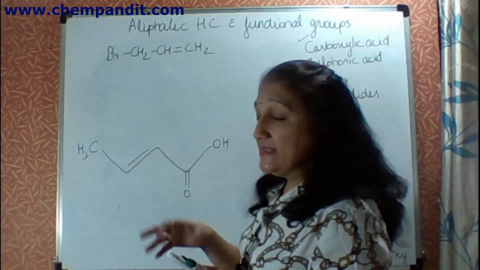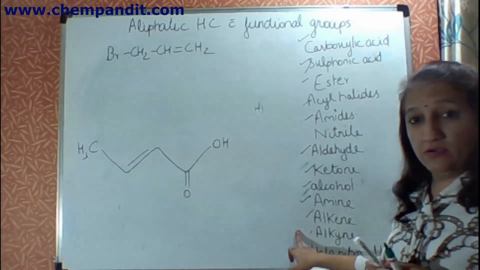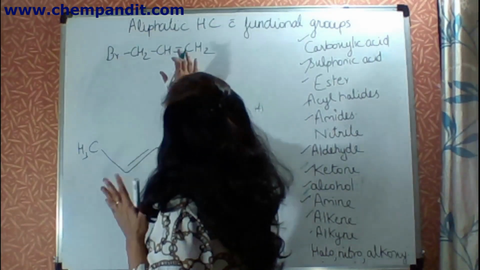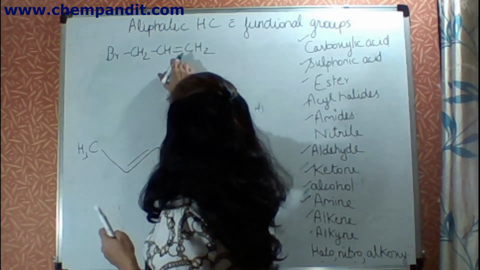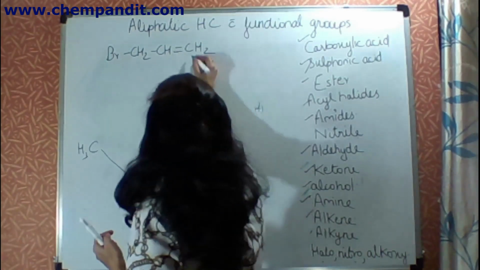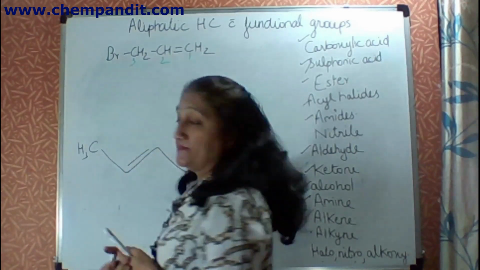Now the priority is given on this basis to the alkene, to the double bond. So how will you number the compound? You will number the compound in such a way that the double bond gets the lowest number. Clear? So let's number it like this: 1, 2 and 3.